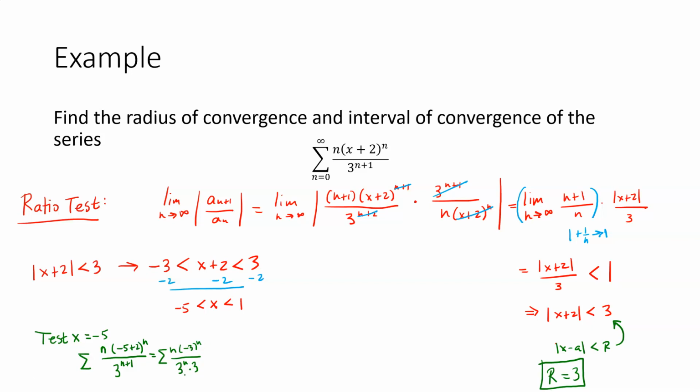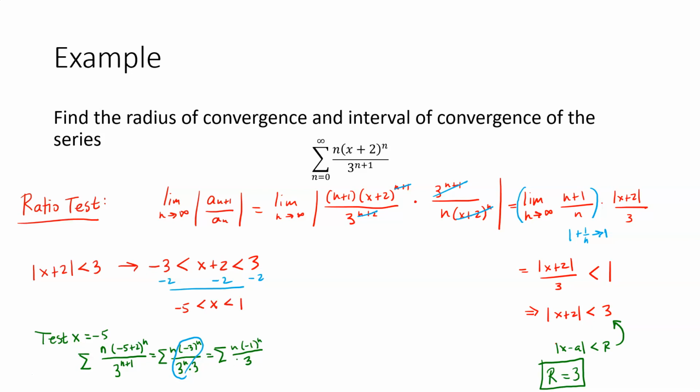And then notice that these will simplify into negative 1 to the n, right? Negative 3 divided by 3 is negative 1, and they both have a power of n. So let's write this as the sum of n times (negative 1) to the n over 3.